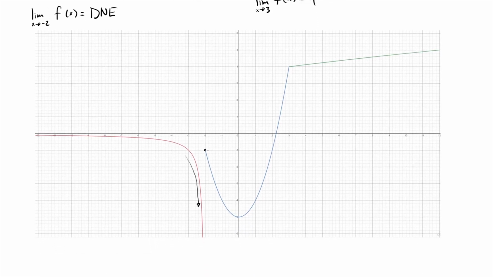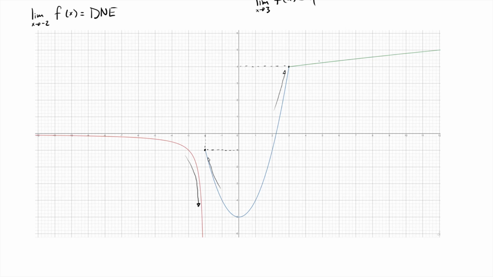So the y value is equivalent to -1 when we approach an x value of -2 from the right hand side. Okay, and then here when we're approaching 3 from the left hand side, we're getting to this value of 4.